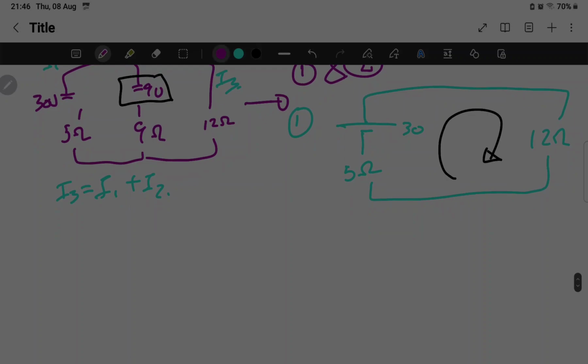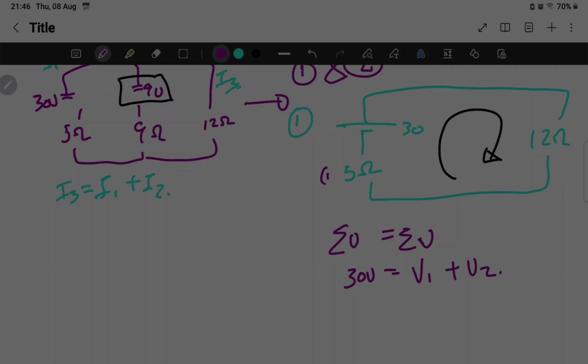Okay, so let's write down the equation. It's going to be the sum of the voltage in equals the sum of the voltage out. Okay, not in and out, but the sum of the voltages. What we have here is the voltage in would be our 30 volts, and the voltage that's resisting would be voltage 1 and voltage 2.